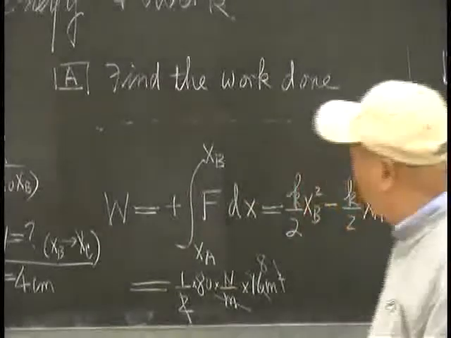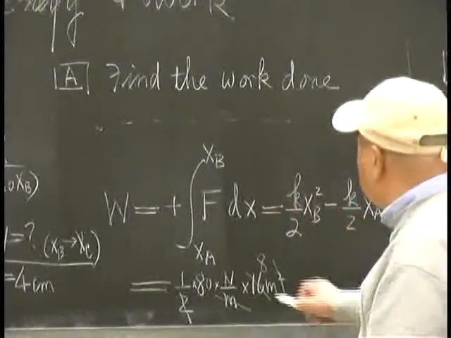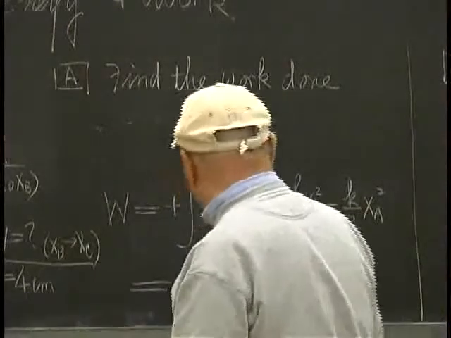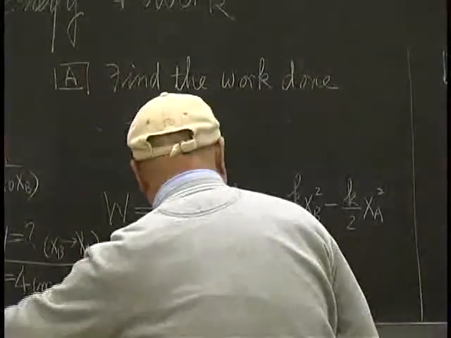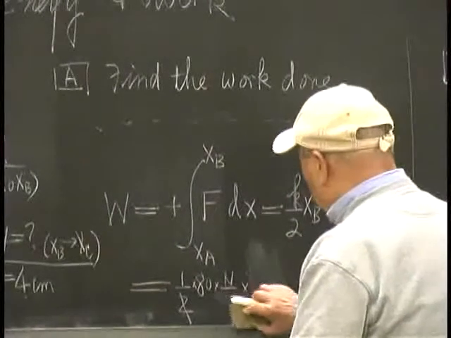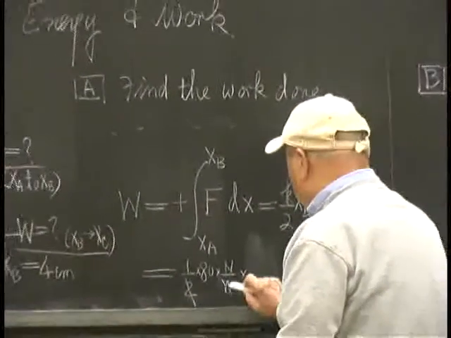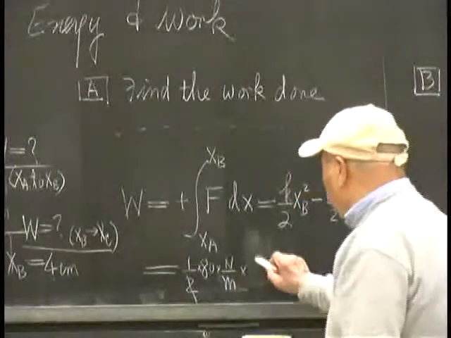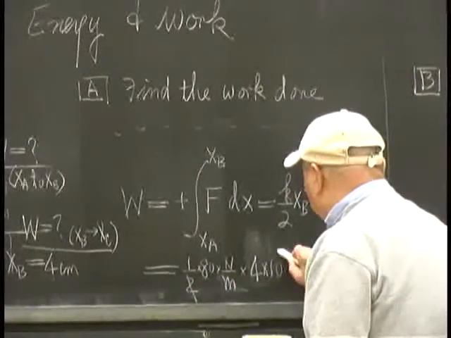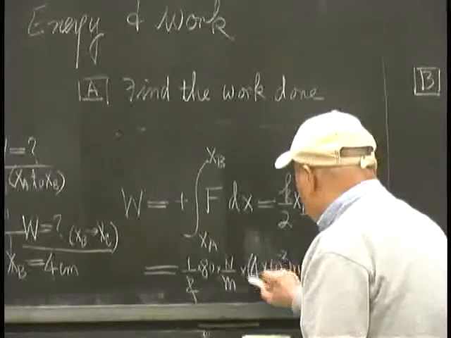In the book, it says this one is 4 centimeters. So if you set 4 centimeters, this is in meters. We like to do this: 4 centimeters equals 4 times 10 to the minus 2 meters, squared.